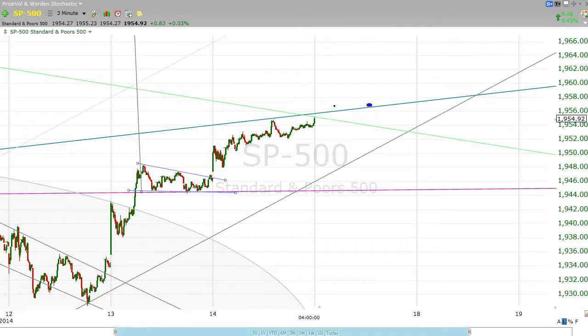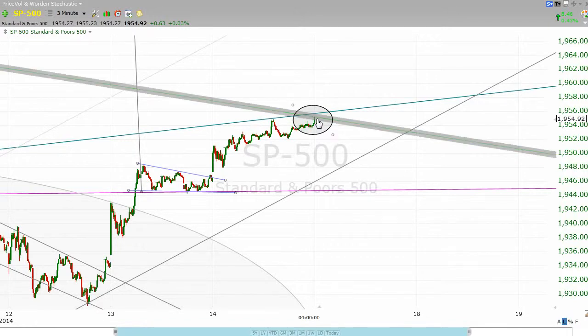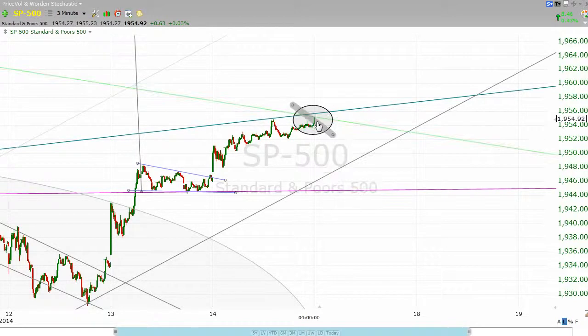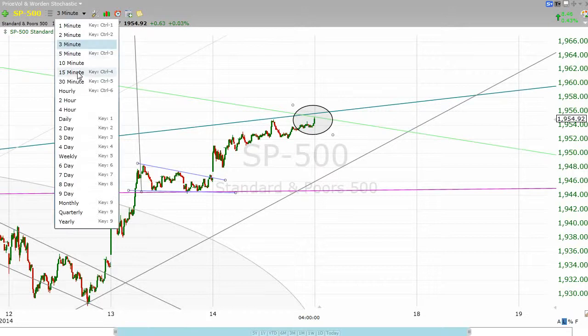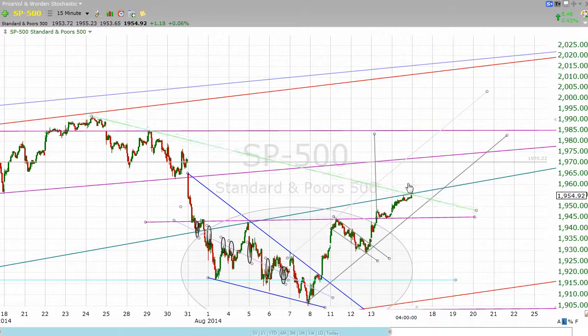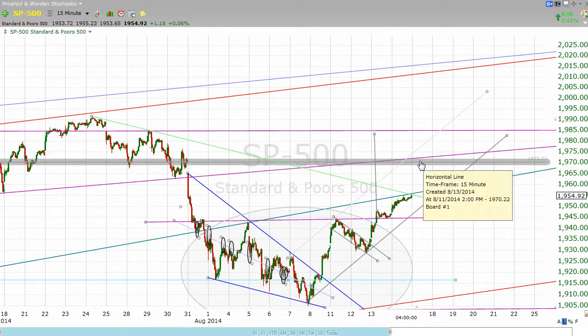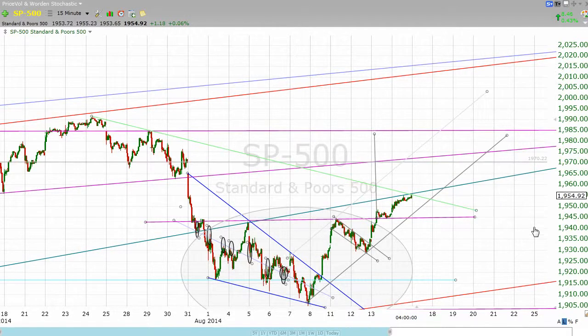I've not taken a look at the futures tonight. There's the spot. There's where the resistance is. Get over that, and we get up, probably put on another fairly quick 14 to 15 points, get over this, then we get up to our target around 1984, 1985, and that is a minimum target.